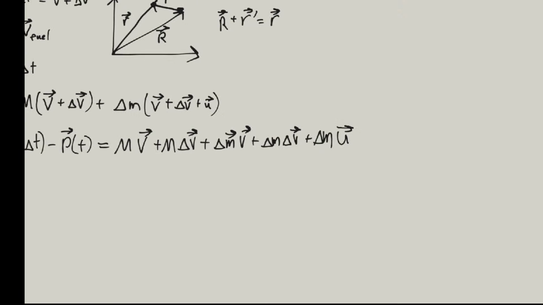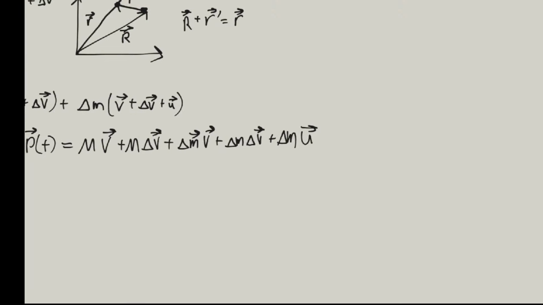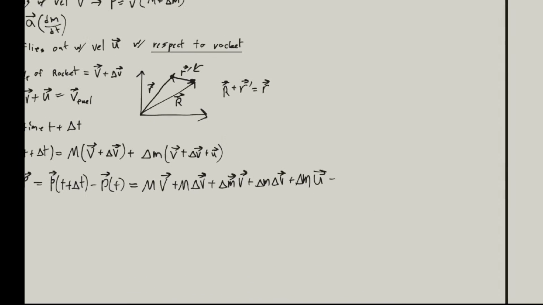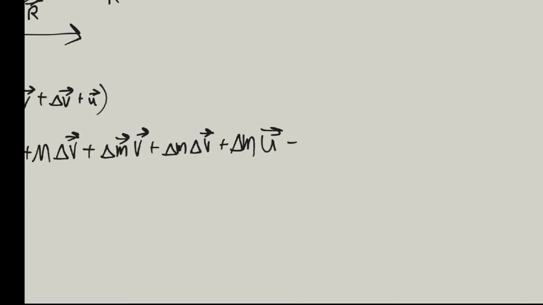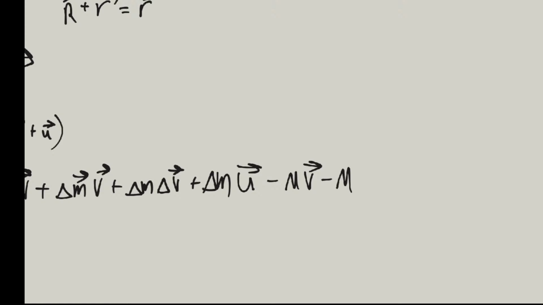This was all p of t plus delta t, just all of this expanded. And then all of that minus what we had up here: v times m plus v times delta m, so it's going to be minus m times v minus delta m times v.